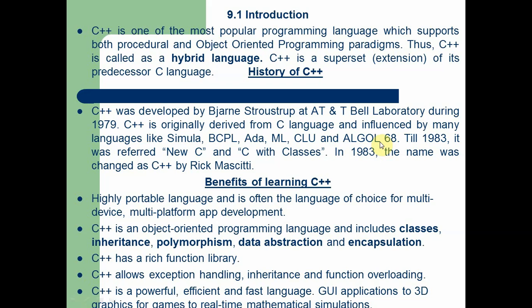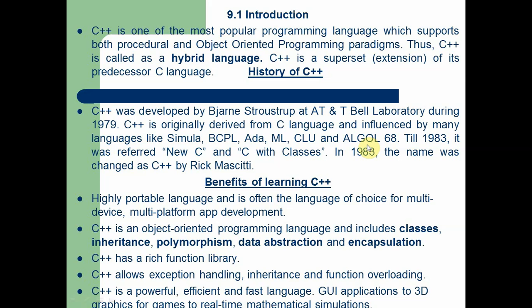Generally we say C is the predecessor of C++, but technically C++ is derived from the different languages listed here, and it was created by Bjarne Stroustrup in 1979.